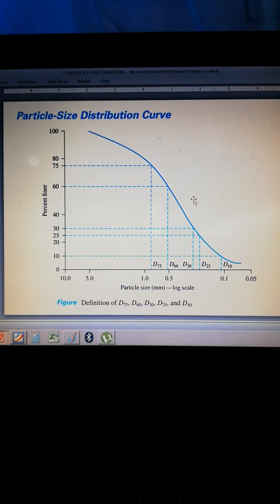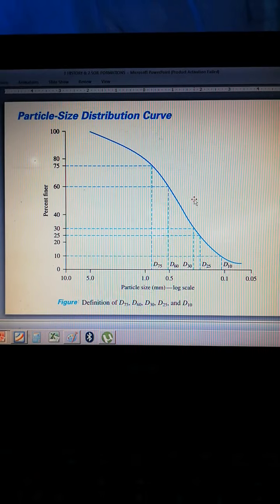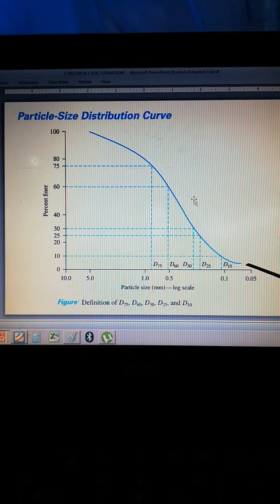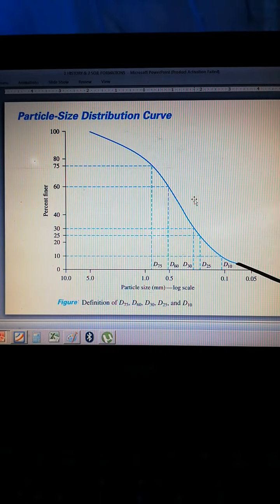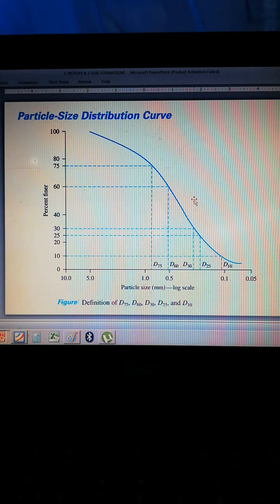So this is the hydrometer result, and you will plot it on the plotting or graphing paper. Remember that in the hydrometer analysis, the soil that you use is the portion that passes through the number 200 sieve, because number 200 is what we have in our laboratory. These very small particles that pass through are what we subject to hydrometer analysis.